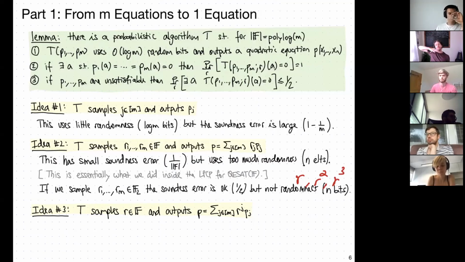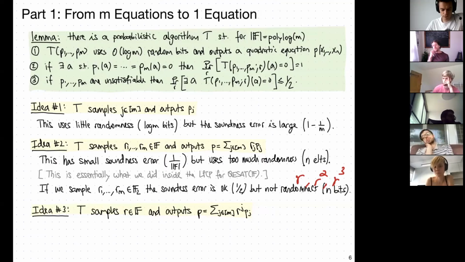So if both of them are satisfiable, then you have an equation which is equal to 0 and another equation which is equal to 0, so you add them both up and you get something which is equal to 0. However, if one of them is not equal to 0, then at least, morally, you'd expect that when you add them up together, the equation would still not be zero.